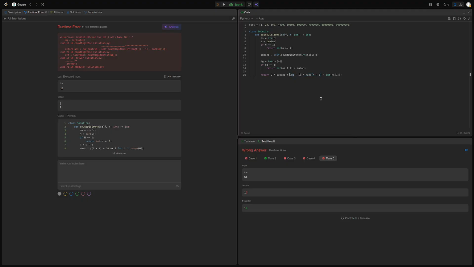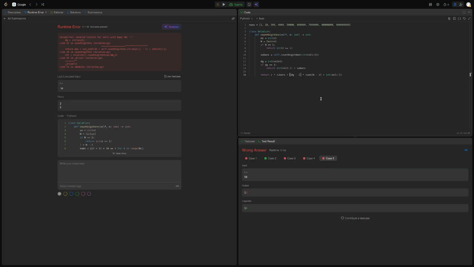Okay, so from 0 to 10 we got one number, then we got one number for 50 to 56, then we got for 10, 20, 30, 40 we also got one number, so we are at 6 numbers.